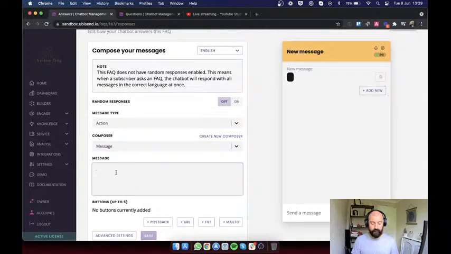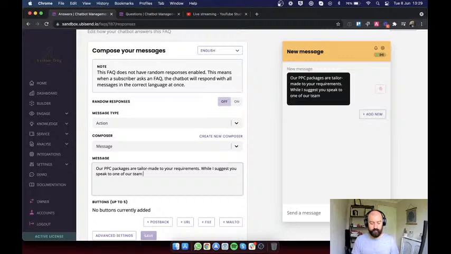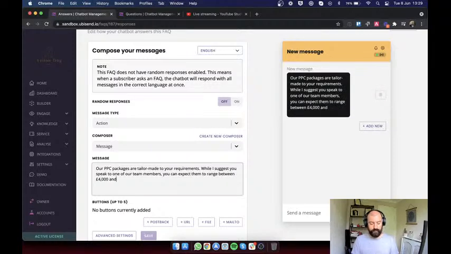And we could say, our PPC packages are tailor-made to your requirements. While I suggest you speak to one of our team members, you can expect them to range between, let's say, £4,000 and £50,000, because we're expensive.